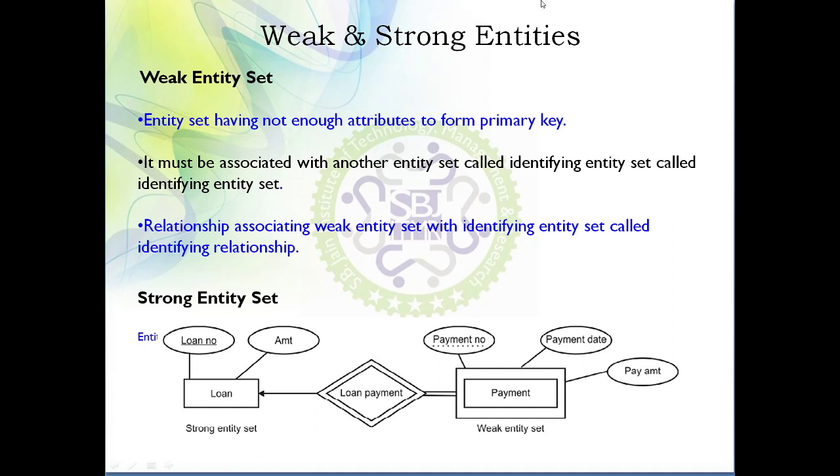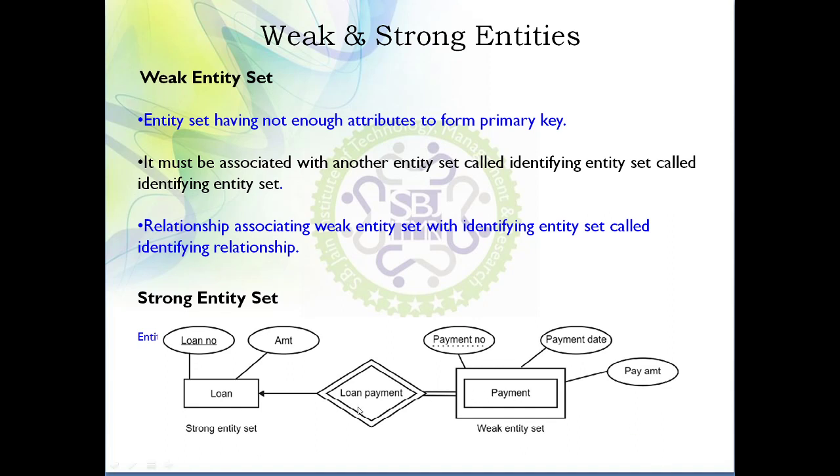So in this case payment number can be repeated. Suppose a person has taken two loans, so in that case payment number can also be repeated. That's why payment number cannot be a primary key for this particular payment entity. So as it does not have sufficient attributes to form a primary key, payment acts as a weak entity, and a weak entity is represented by a double rectangle.